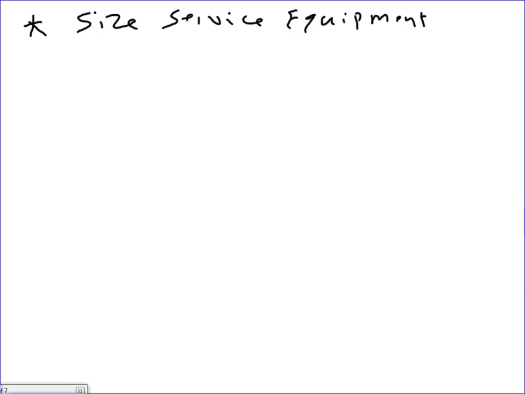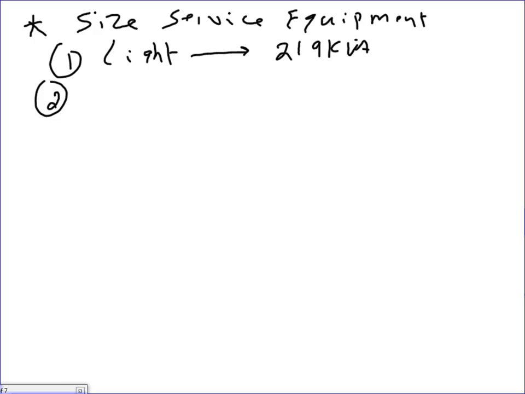I need to size service equipment. All we're doing is sizing the service equipment. This is how we're going to do it. I'm just going to list the loads. Number 1, lights: the demand for the lights was 219 kVA. Number 2, receptacle: the demand was 50 kVA.